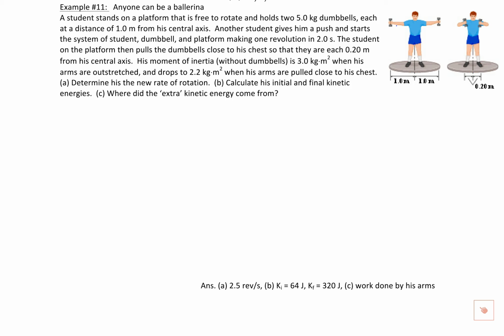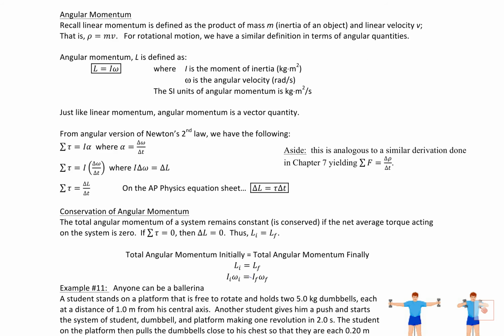So we're assuming angular momentum is conserved. If you look earlier in our notes, you'll see a section on angular momentum, where L is the symbol we use for angular momentum, equal to the rotational inertia I multiplied by the angular speed, or velocity, omega in radians per second. Angular momentum is conserved, where delta L will be 0 if the net torque on the system as a whole is 0.